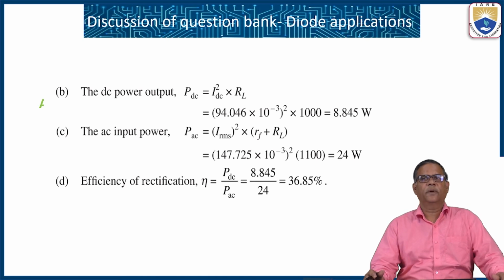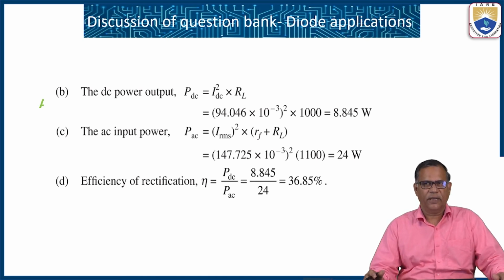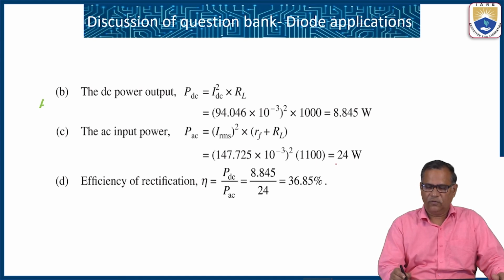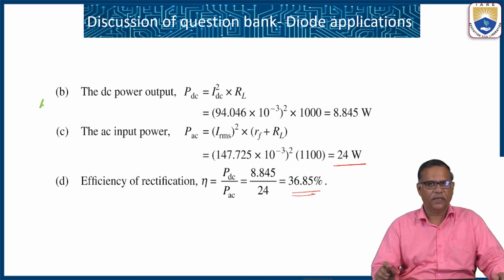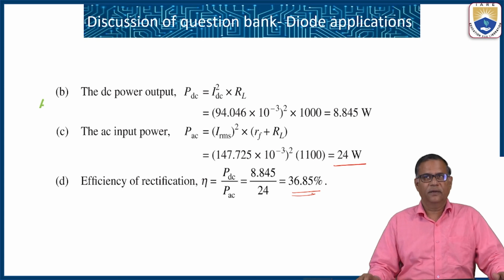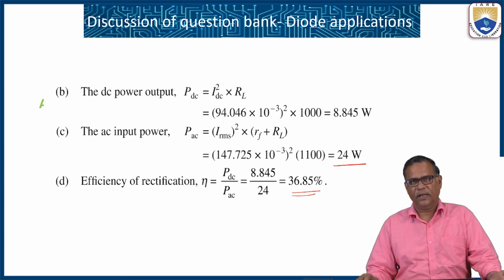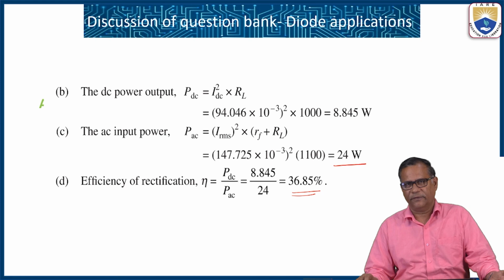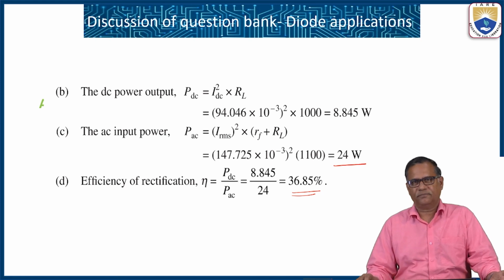And the AC input power PAC is equal to IRMS square into Rf plus RL. So that is equal to 24 watts. And what is the efficiency? PDC by PAC. So 8.845 divided by 24, 36.85. So the efficiency of half-wave rectifier is poor. We have already calculated the efficiency of full-wave rectifier and the bridge rectifier.